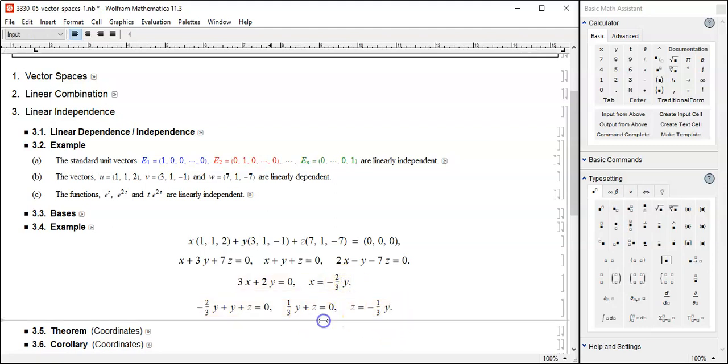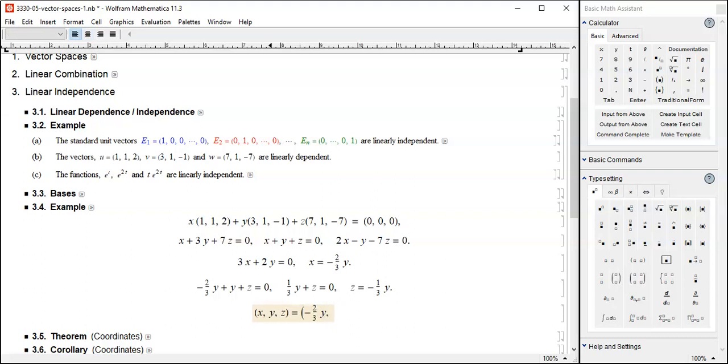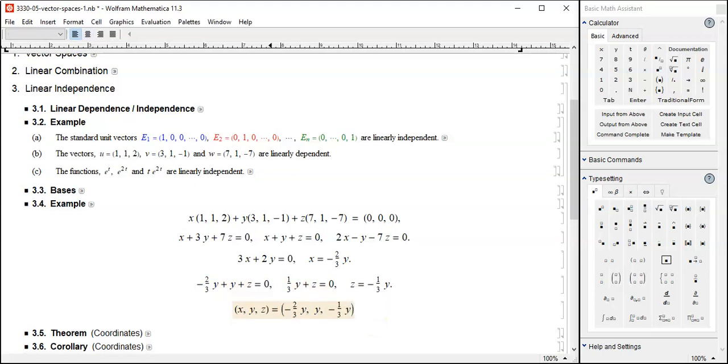So, okay. Therefore, I'm getting x, y, z is, let's see, negative 2/3 y, and arbitrary y, and then negative 1/3 y. Okay, all right.